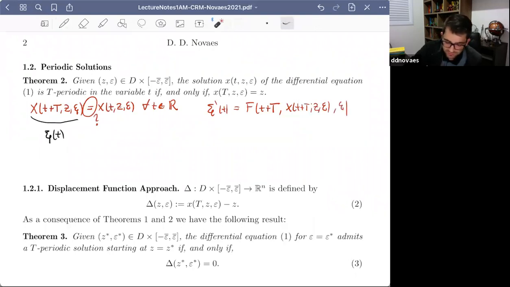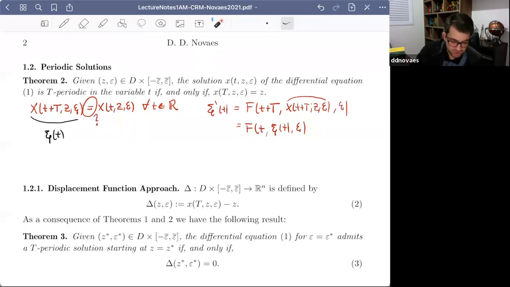Now I use the information that f is T-periodic in the first variable, so this is equal to f(t, x(t + T, z, epsilon), epsilon), and x(t + T, z, epsilon) is our function Xi. So it's f(t, Xi, epsilon). So Xi is also a solution of differential equation 1.